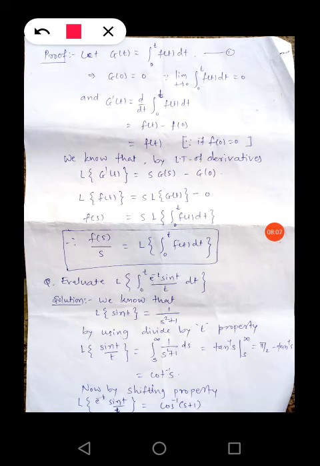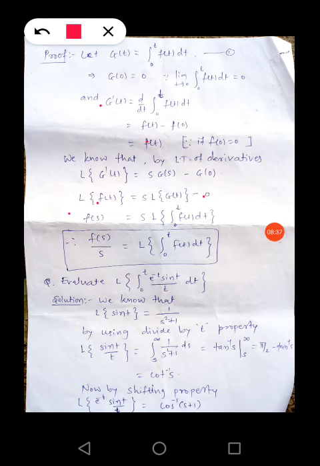We know that by Laplace transform of derivatives, we may write Laplace of g dash of t equal to s into G of s minus g of 0. Here g of 0 is equal to 0, so I have written 0. So g dash of t is nothing but f of t. I have written here Laplace of f of t is equal to s into G of s minus 0.